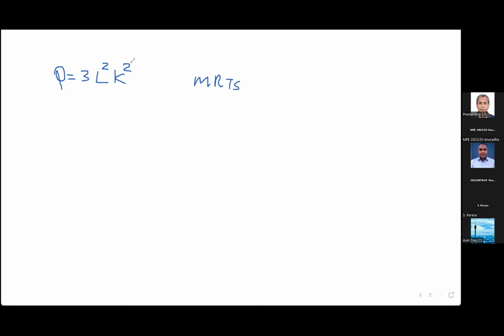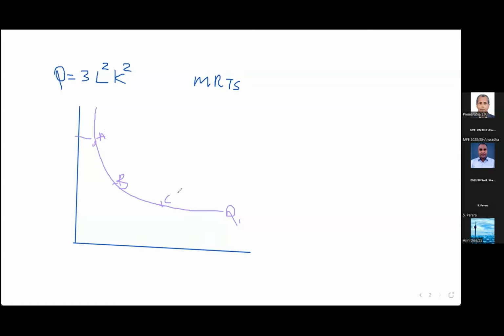And after that, let's say we have an isoquant curve with different places, point A, for example, point B, point C. Calculate the MRTS and see that it is always decreasing downward.